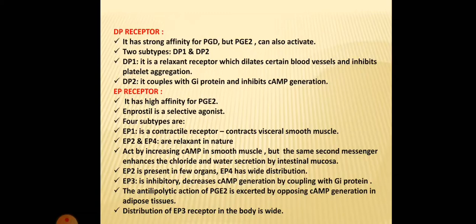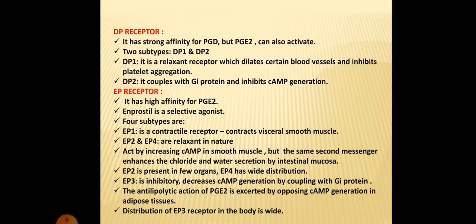EP2 and EP4 are relaxant in nature, and they act by increasing cAMP in smooth muscle, but the same second messenger enhances chloride and water secretion by the intestinal mucosa. EP2 is present in few organs, and EP4 has wide distribution in the body.